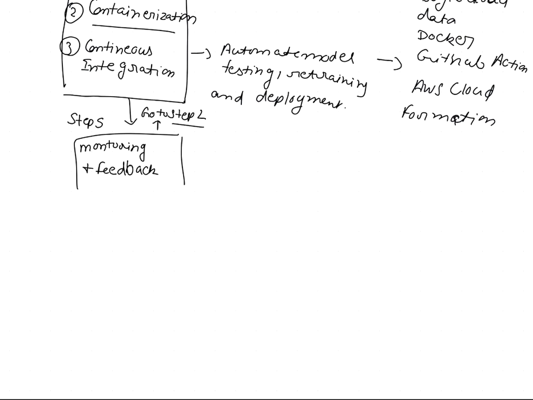Okay. So these are the roles involved here. DevOps handles your Docker, Kubernetes, and that kind of thing, and the data scientist. Because data scientists also need to look at the logs, how their model is working, and then they will suggest that you need to go to step 2 again.